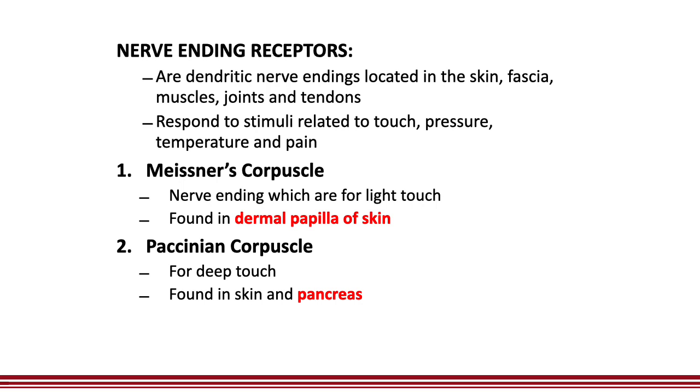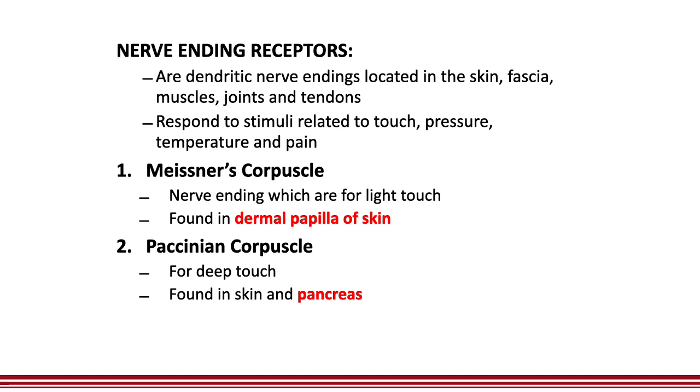These include mechanoreceptors that respond to mechanical stimuli. So they respond to pressure, they respond to stretch. And we see mechanoreceptors in the skin, joints, muscles, and other tissues. And they are responsible for a sense of touch, pressure, vibration, and proprioception, or the ability of our body to sense where our body is in space or our positioning.